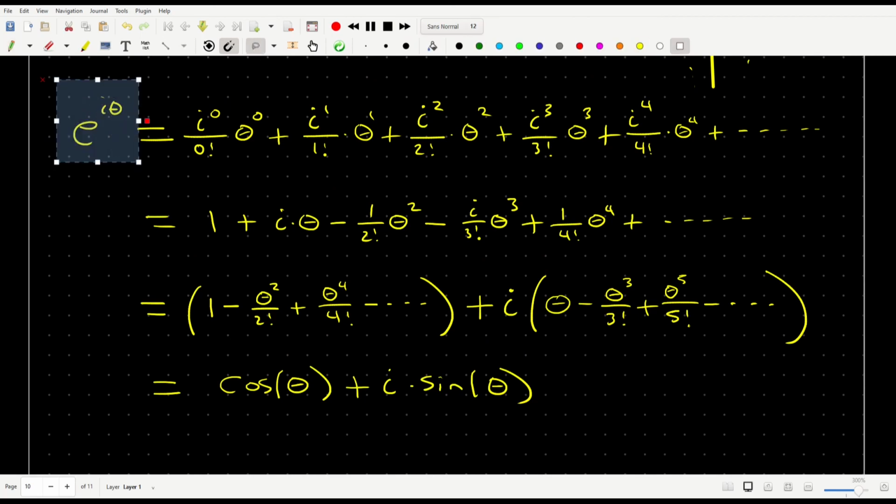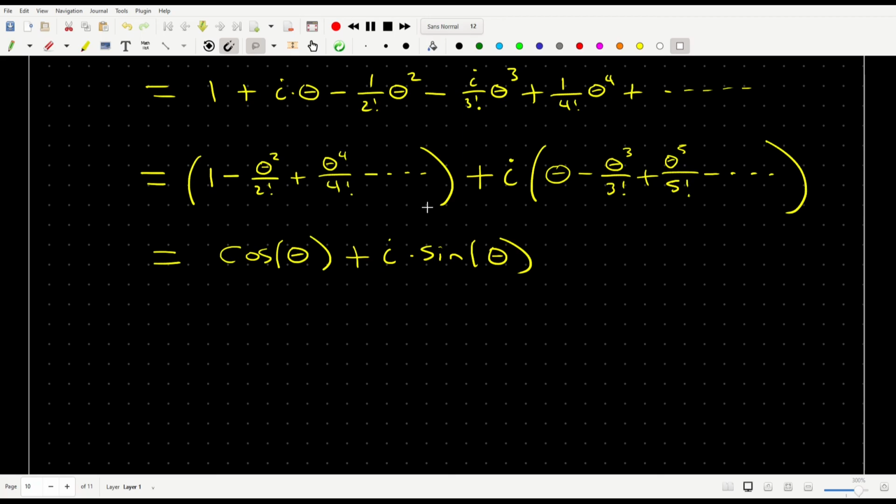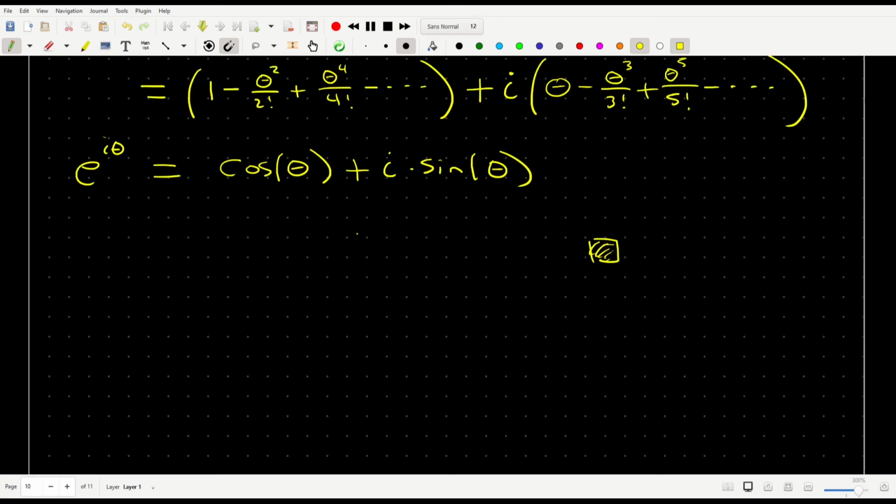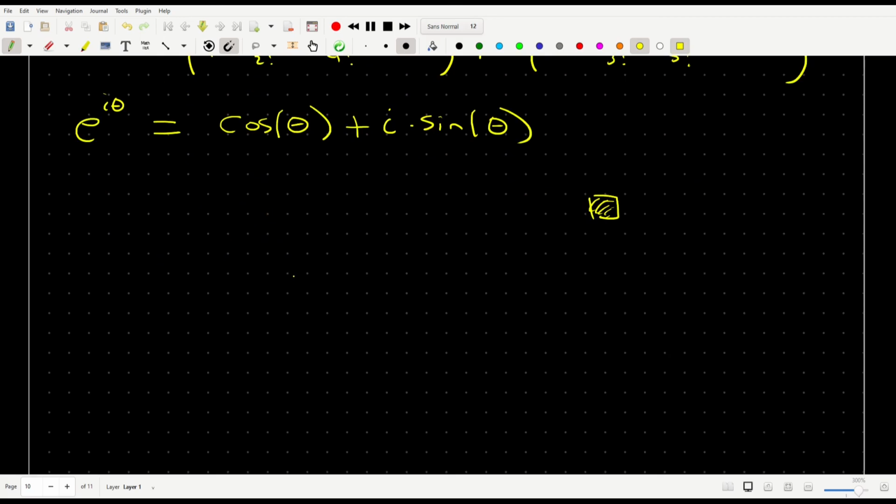You've shown Euler's equation: e to the i theta is equal to cosine of theta plus i times sine of theta. This is a super useful theorem. And it also gives what's called Euler's identity, which is one of the most beautiful equations in mathematics.